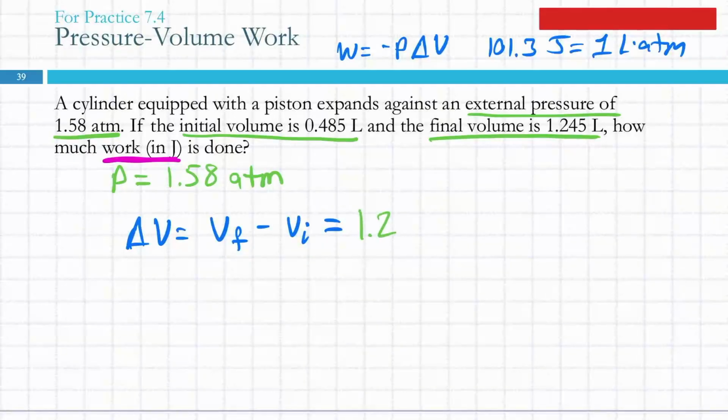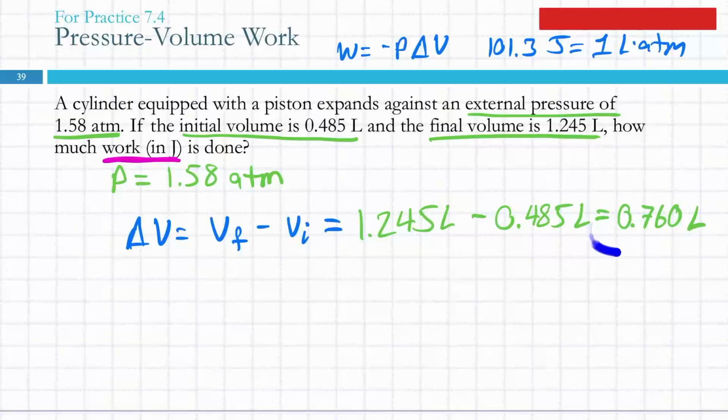Final volume 1.245 liters minus initial volume 0.485 liters. Our change is 0.760 liters.